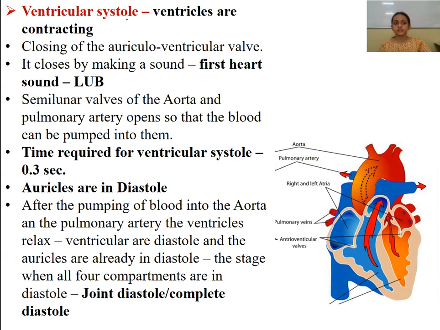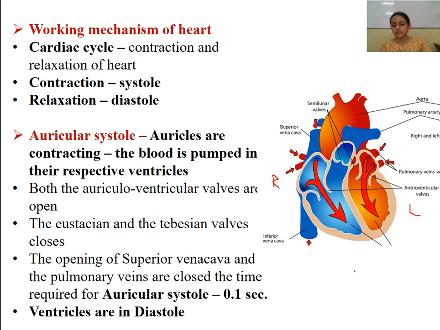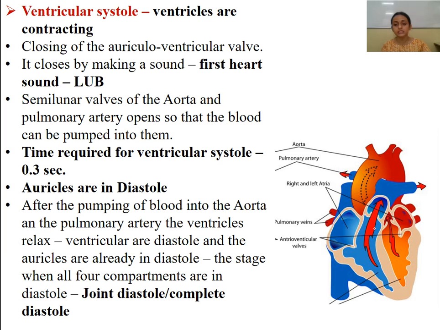The second thing that happens is the ventricular systole. Now when we say ventricular systole, that means the ventricles are contracting. Let us see what happens when the ventricles contract. When the ventricles contract, the auriculoventricular valve which had opened will now close. If you see this valve which was open over here and the blood was flowing into the ventricles, at the ventricular systole, that means at the contraction of ventricles, this valve will automatically close.